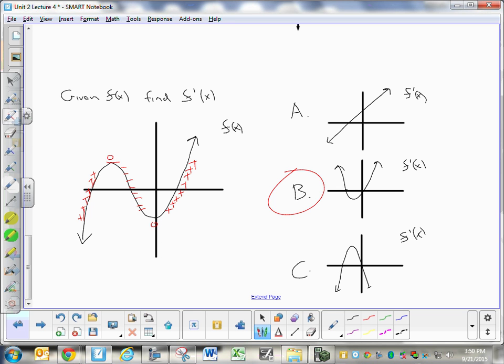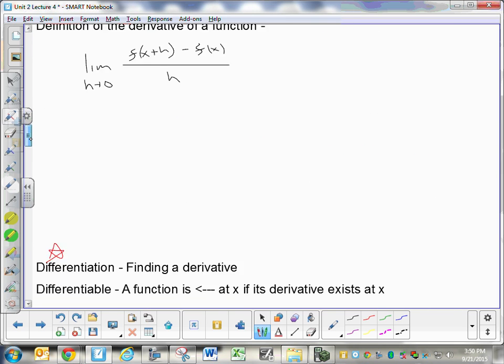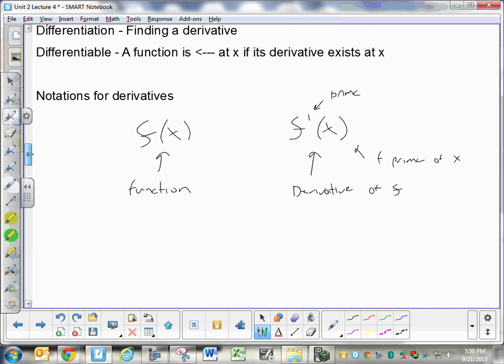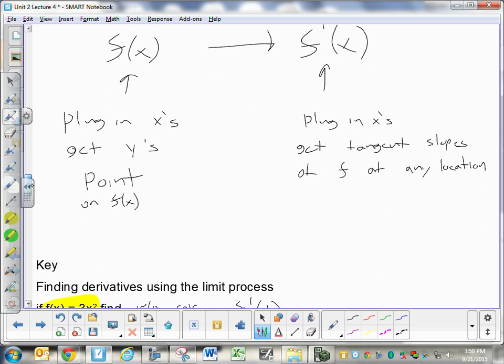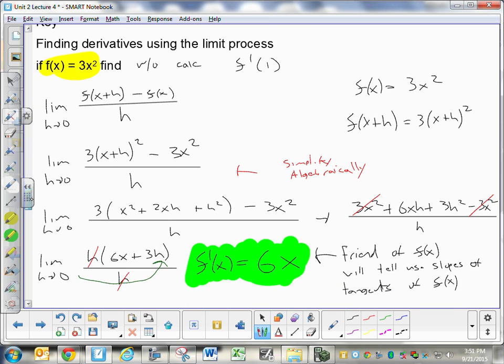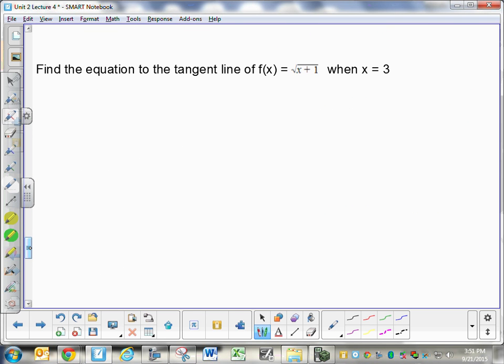Okay, that's good. Now let's finish off by doing 2 more examples of finding our magical f prime friend of the f function that will tell us the tangent slopes of f at any point. We already found it for 3x squared. Let's find it for the square root of x plus 1.